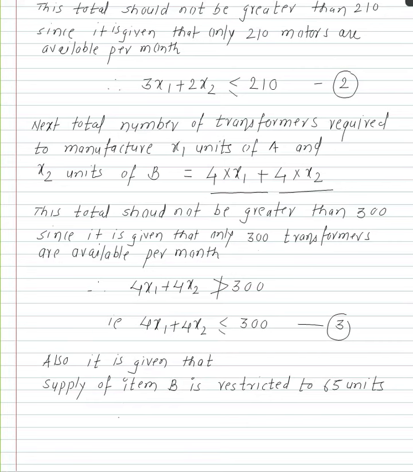And the firm is manufacturing x2 units of B. Therefore, x2 should be less than or equal to 65. It should not be greater than 65. So this is the third constraint in this LPP on the second item.